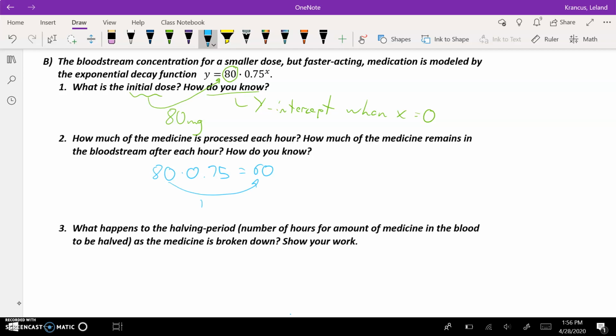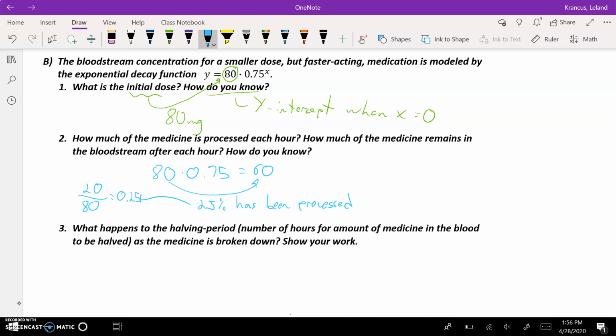That means that 25% has been processed. When you go from 80 to 60, you're going down by 20. So 20 milligrams out of 80 milligrams are processed, and 20 out of 80 is 0.25, or 25% is gone. So you want to be careful.